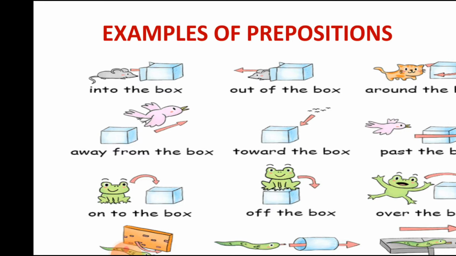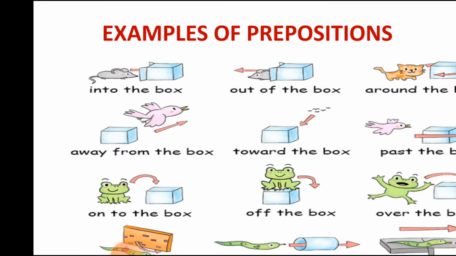As I said, it is used before a noun in order to show the position. So, here the examples are for position. The mouse is moving into the box. Here, into is the preposition.